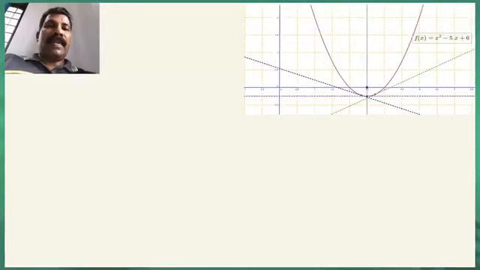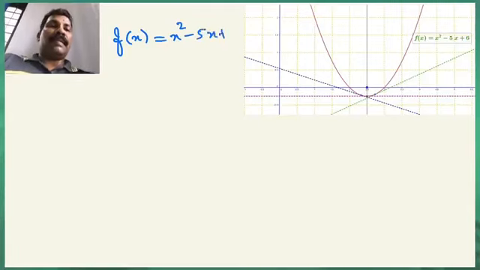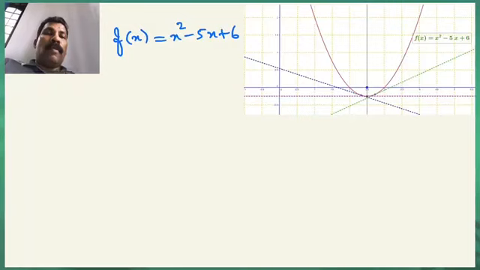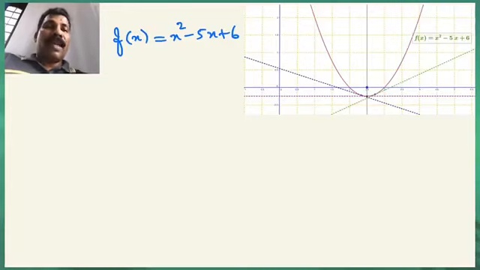Consider the function f of x is equal to x square minus 5x plus 6. I told you at the point of local minimum or maximum, the tangent is horizontal, which means its slope is 0, which means the derivative is 0.